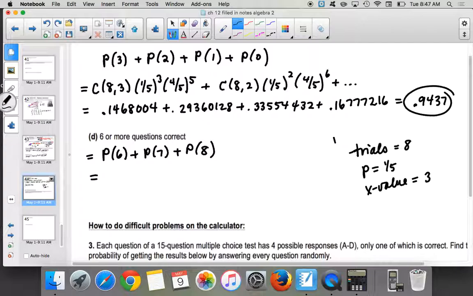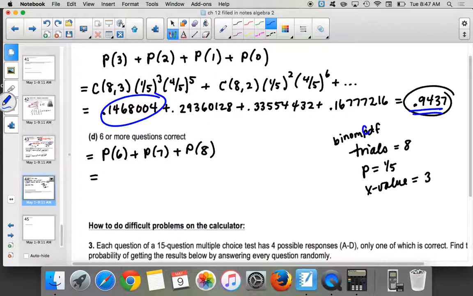You can do this with your Binomial PDF, and you'll get this number right here. But if you do Binomial CDF, you'll get this number right here. Do you guys understand the difference? So C stands for cumulative, adding them together.